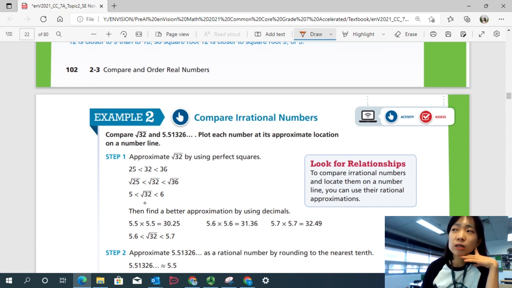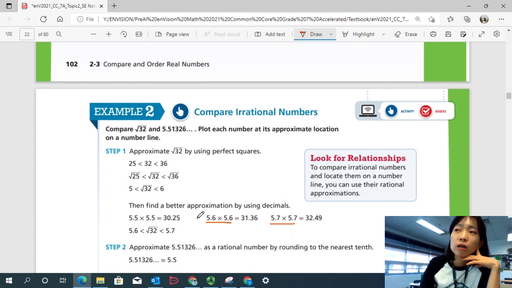It's still less than 32. Let's try the next one. 5.7 squared is 32.49, and now it's bigger than 32. So it's definitely between 5.6 and 5.7. So now we have a better approximation. Square root 32 is between 5.6 and 5.7.